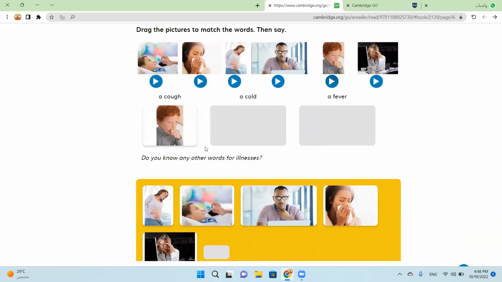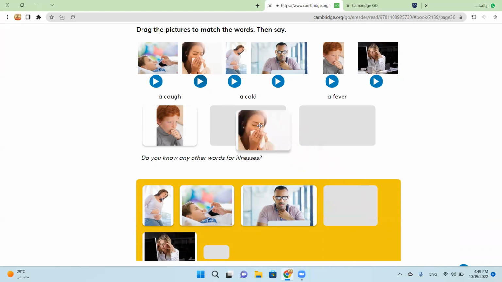Here we put it. Next word is a cold. Can you find someone suffering from a cold? This one? A sore throat. No. This one? Stomach ache. No. This one? A headache. Okay, so it is the last one, a cold, here.